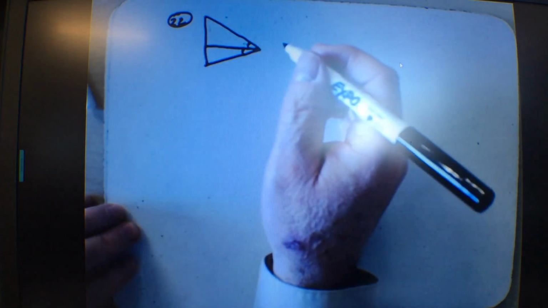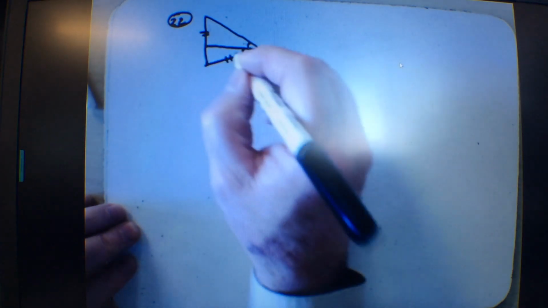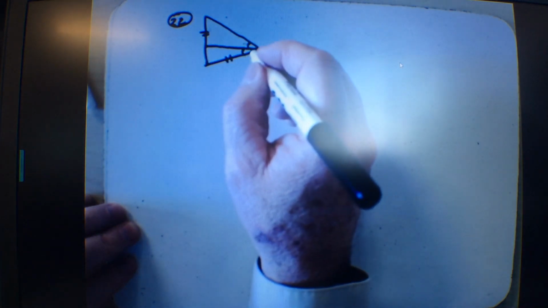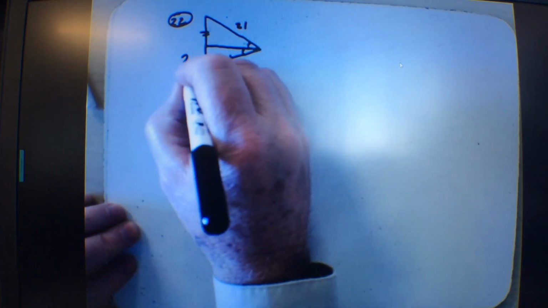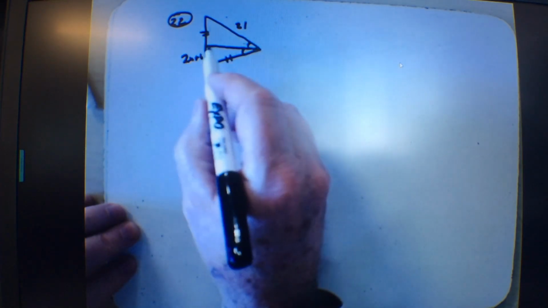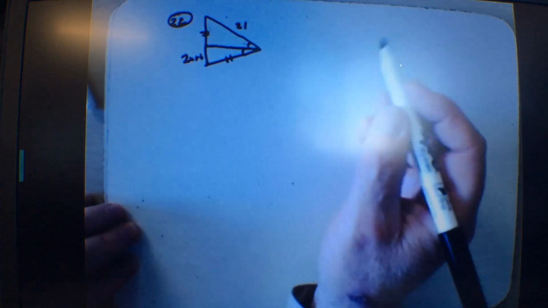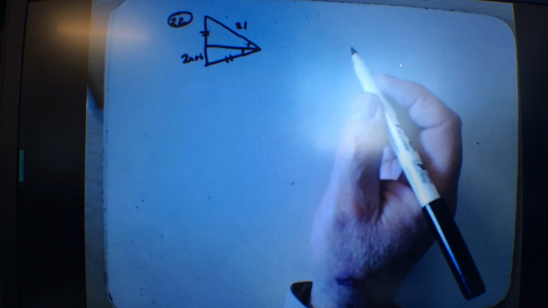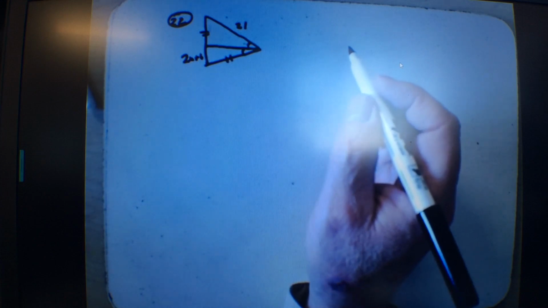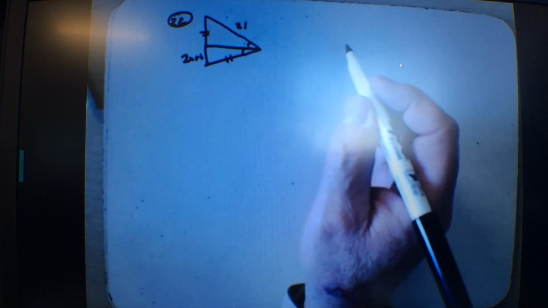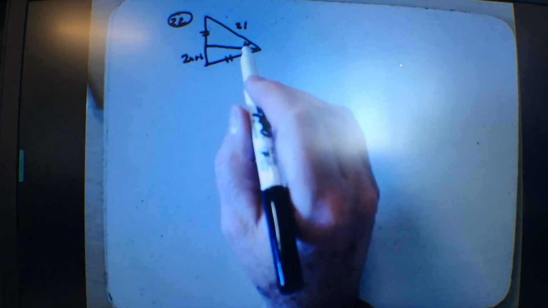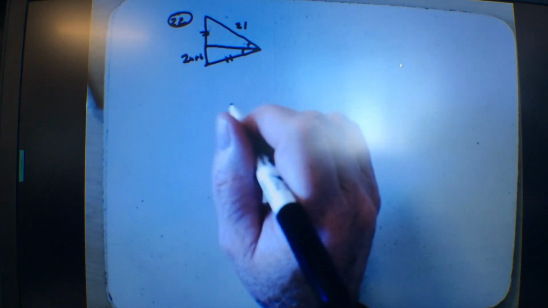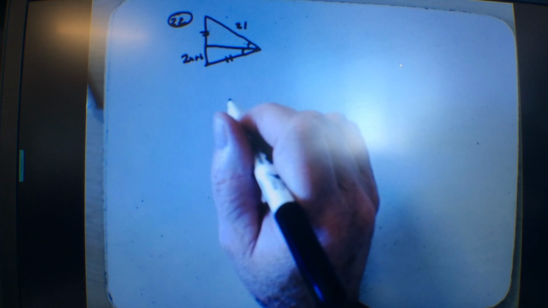Angle bisector, correct? Says that this is equal to this. And we get 21, and then this little piece from here to here is 2x plus 6. Right? All right. Well, since this is an angle bisector, we can use that theorem that we just talked about, can't we? That one side is 16.